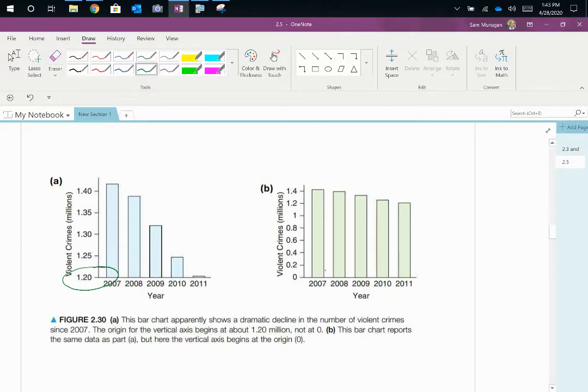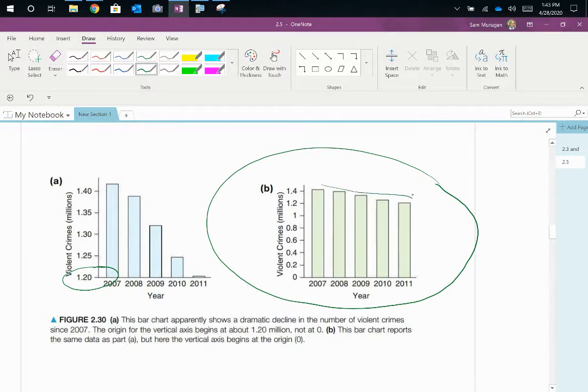Chart B is the correct graph. It's not misleading. It starts at 0, and you can see there's actually very little decline compared to this dramatic decline that you're seeing in the first graph.